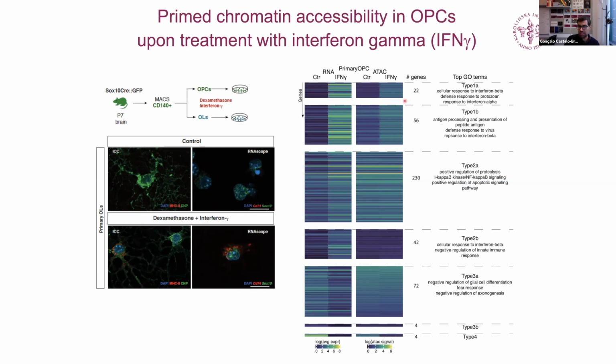So our data suggests that OPCs, the progenitor cells, and the mature oligodendrocytes already have some chromatin priming at these immune genes, but that does not translate immediately into transcription, suggesting that there are alternative mechanisms by which this transcription is induced.